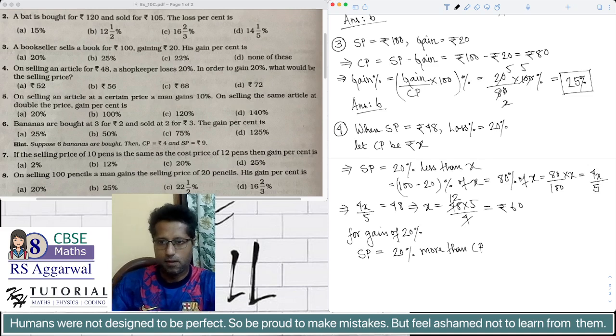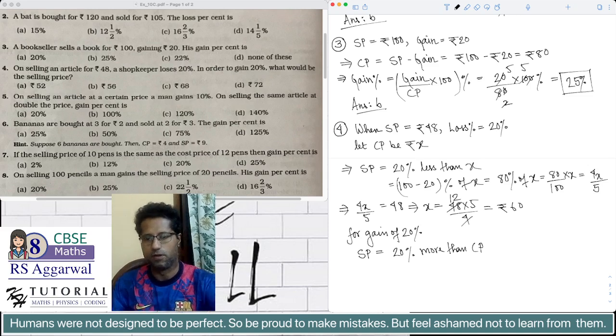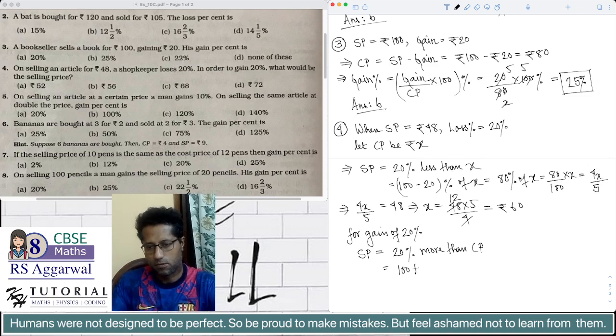So this is equal to 20% more, meaning 100 plus 20 percent of rupees 60.